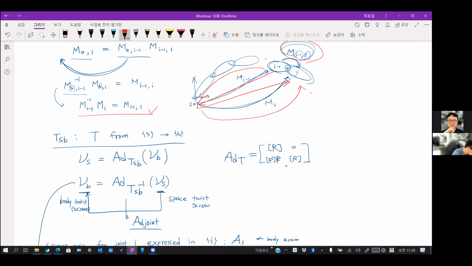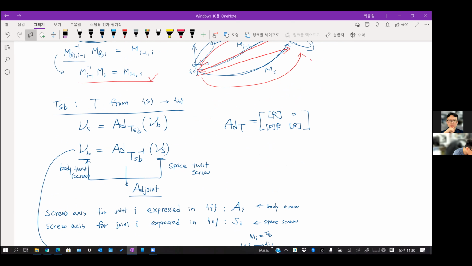T_SB is the homogeneous transformation from the S frame to the P frame. We are familiar with this relation.